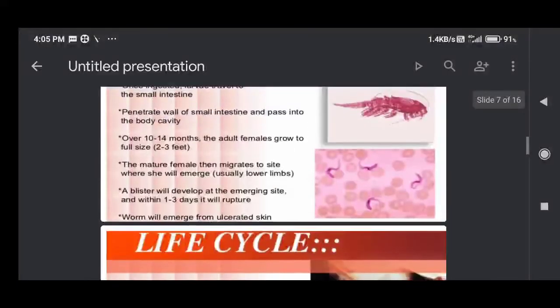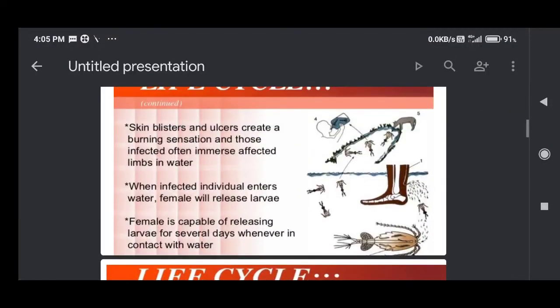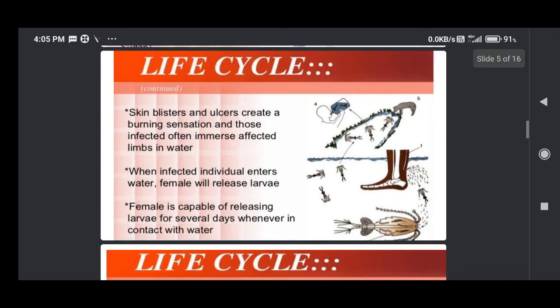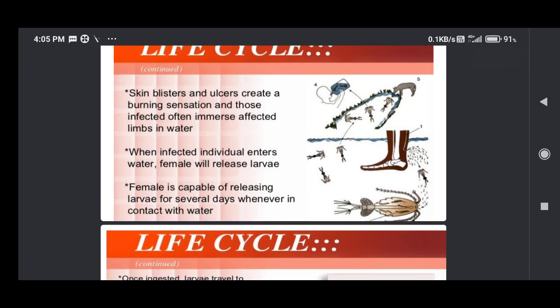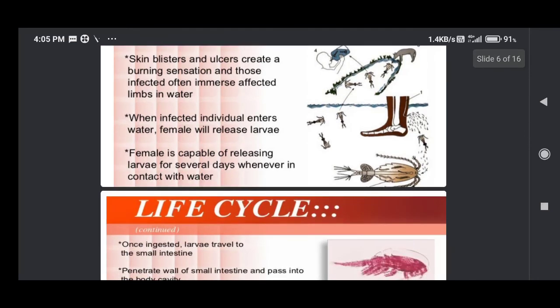The person suffers from skin blisters and ulcers that create a burning sensation, and those infected often immerse the affected limbs in water. When the infected individual enters the water, the female releases the larvae. The female is capable of releasing larvae for several days whenever it contacts water.